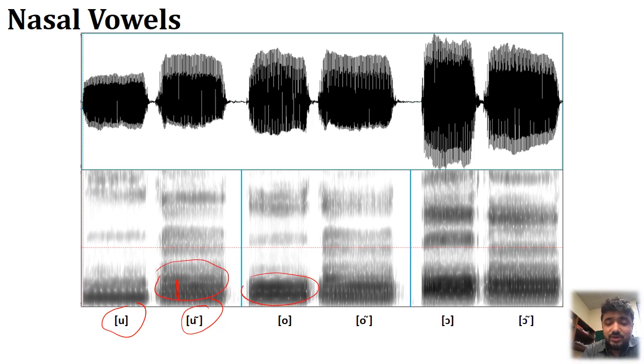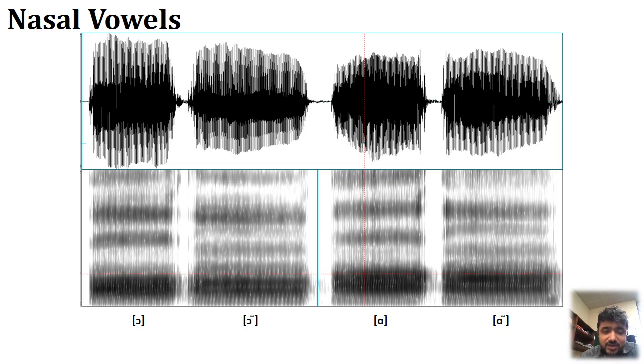O and O and aw and aw. So again, spreading of F1, which also leads to it merging together with F2. And if you remember, for the back vowels, already F1 and F2 were very close to each other. So once F1 spreads and every vowel comes down and the peaks flatten out, things become more flattened out overall and low energy overall.